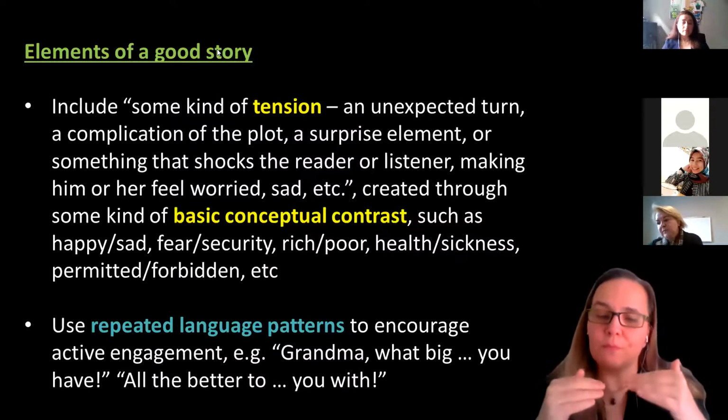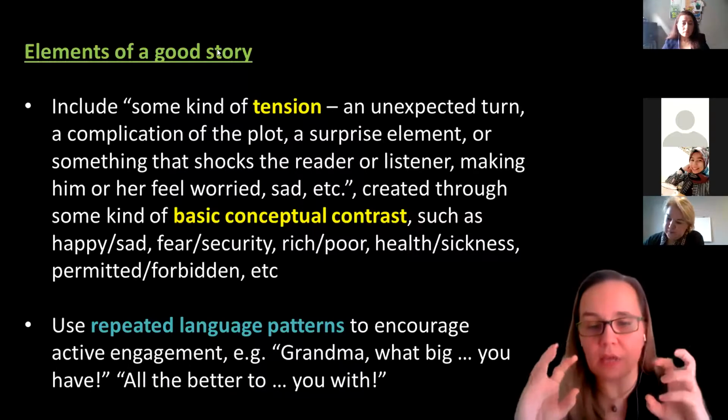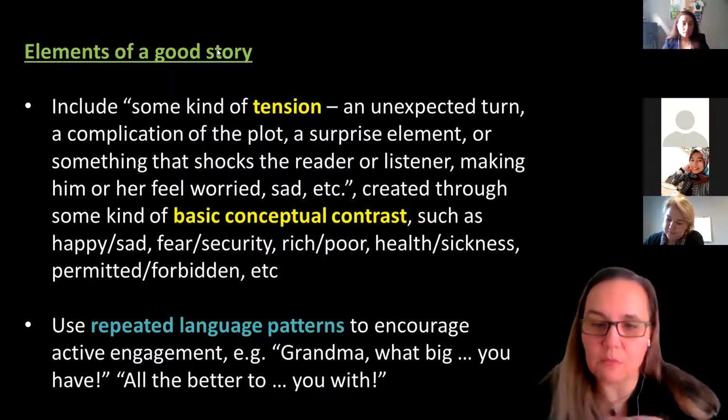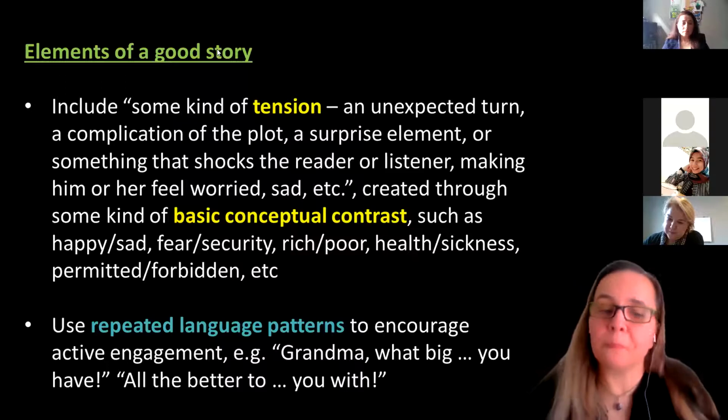So please be careful when selecting stories. The tension or the main moral or even the simplest word can affect them negatively.